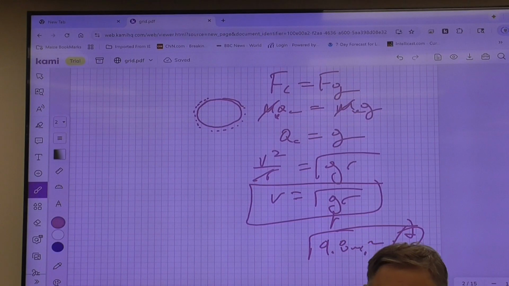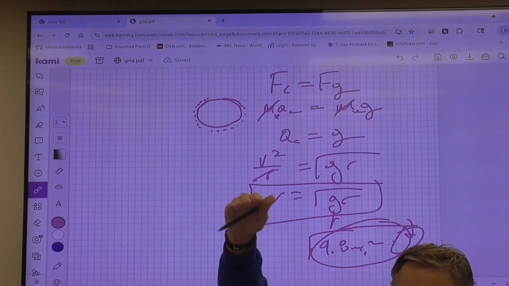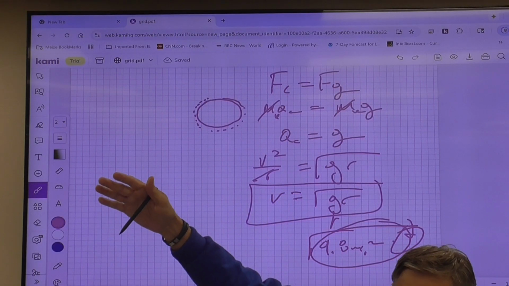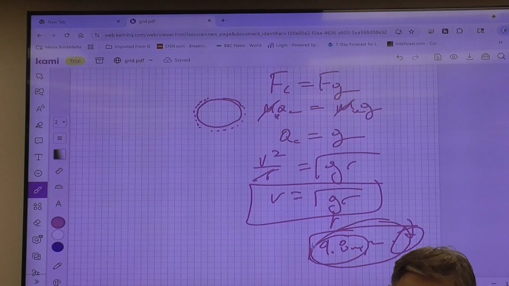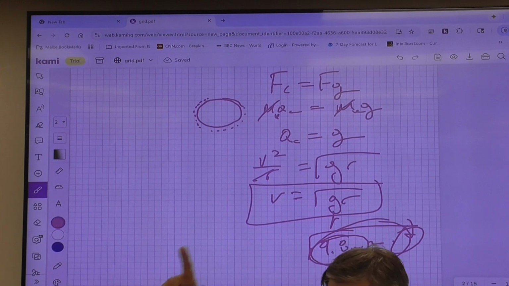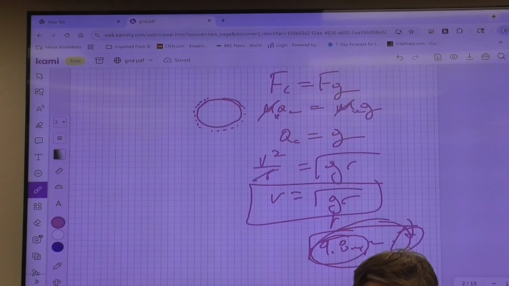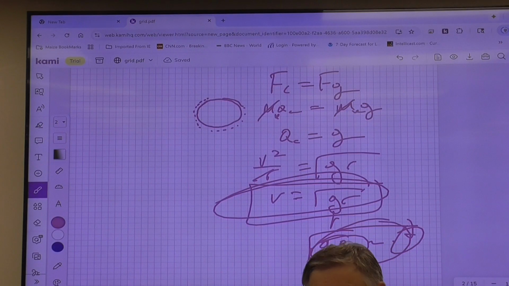The only reason that works in near Earth is that if you're very far away from the surface of the Earth, g is no longer 9.8 meters per second squared. It can still work, you just have to use what that value is at that point. So it might be 9.3, it might be whatever that is. If you're told that something's in a very near Earth orbit or near lunar orbit, there are some questions like that in the book, you can just use v equals the square root of g r.